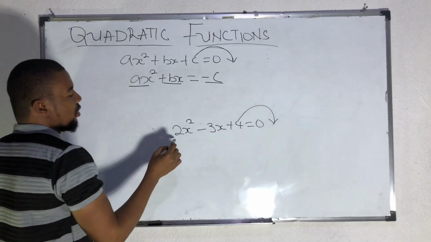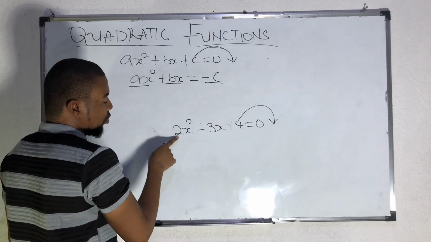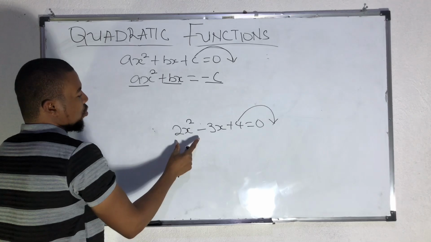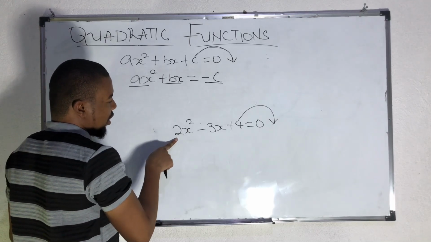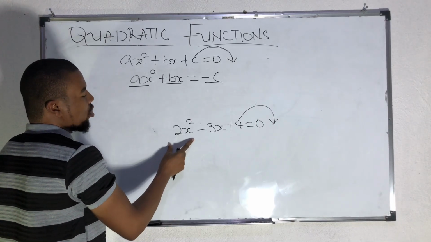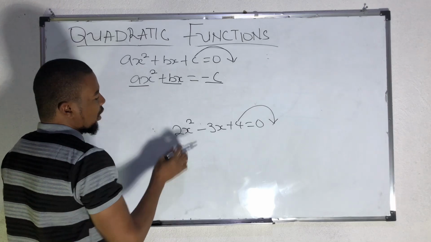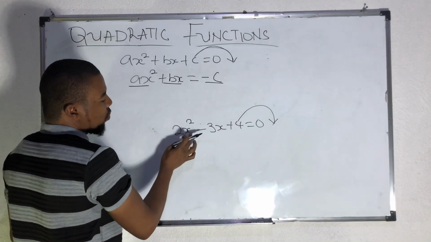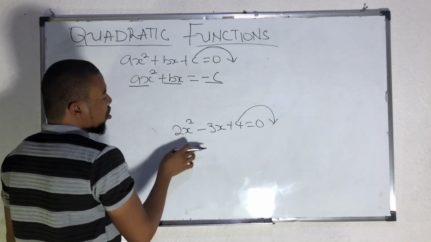Next up, you're to divide everything by 2, because you cannot leave this 2 here as it is when completing the square. The coefficient of x squared must be 1 whenever you're completing the square.